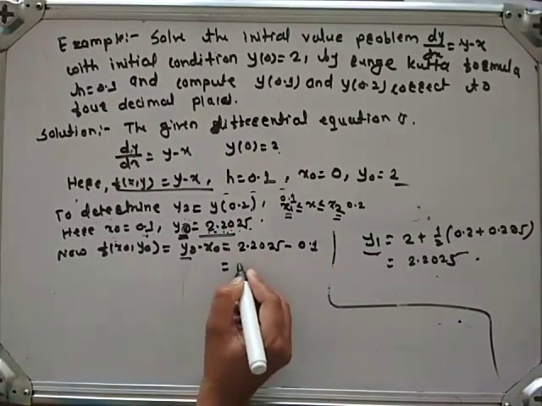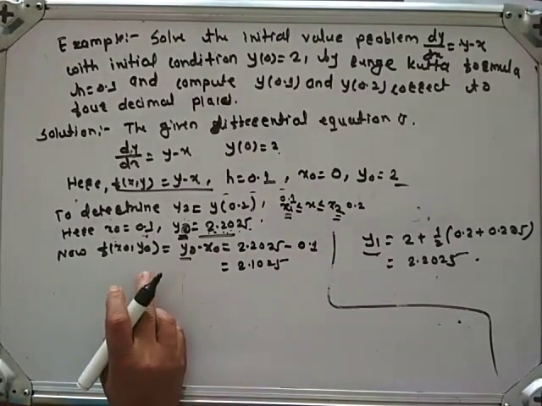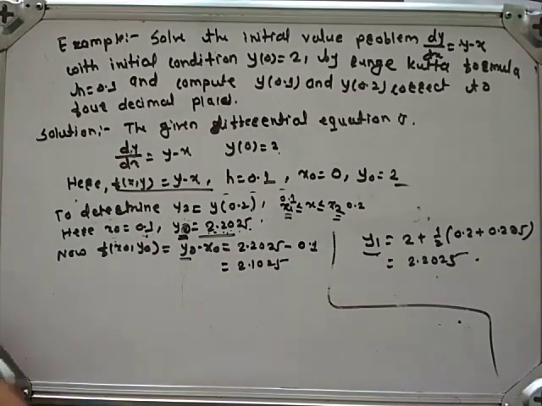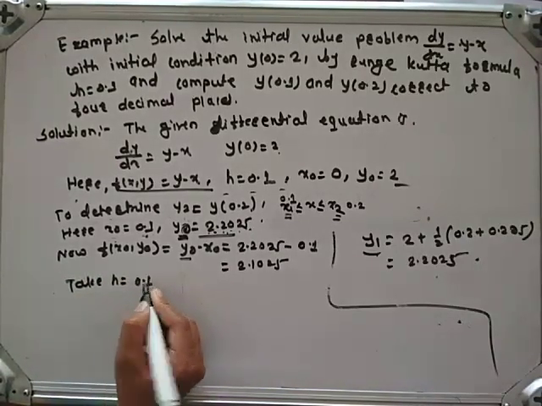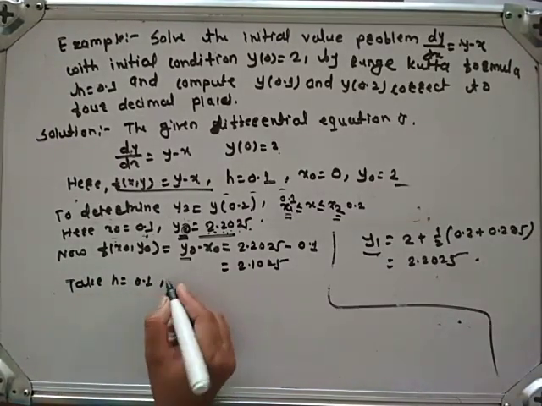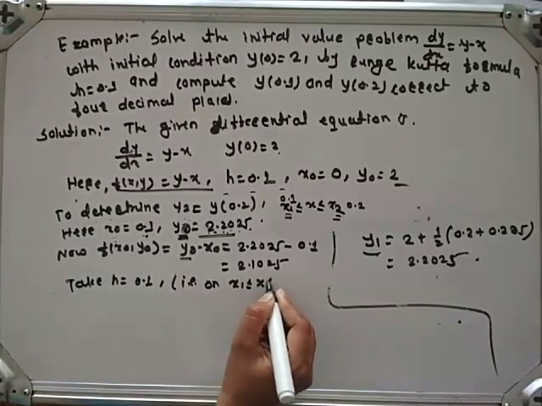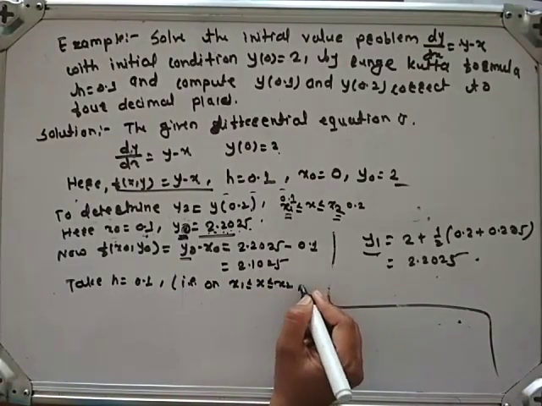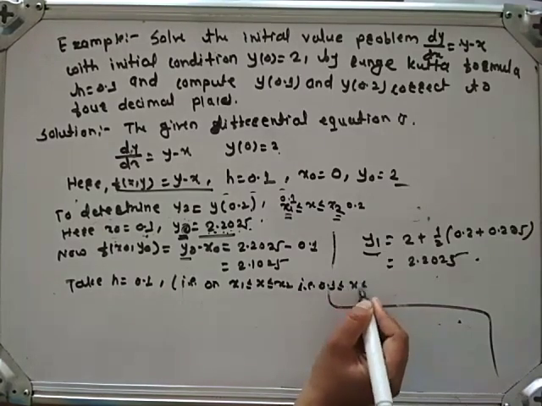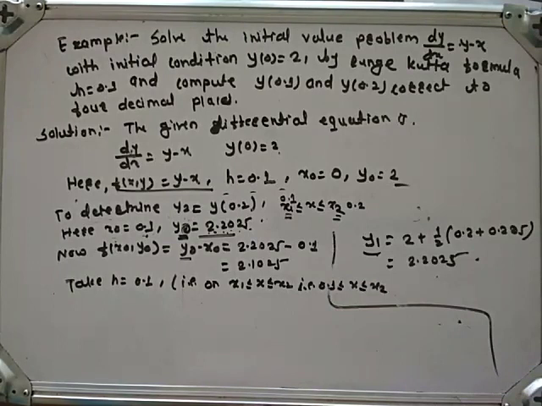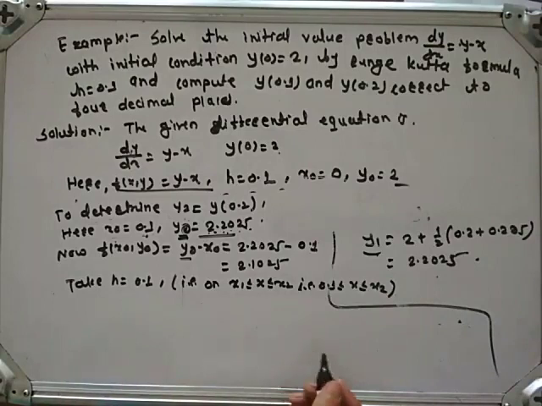This is nothing but 2.1025, our f of x0, y0 for this interval. Here there is no need to write it down, just understand it.